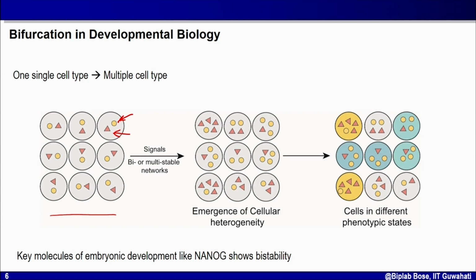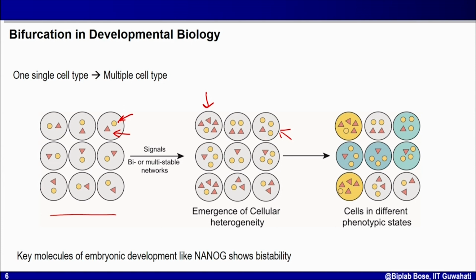So if it is showing bistability, then as we give signal, increase the signal, a situation will come where from a homogeneous population, two subpopulations will appear. One having higher expression of the protein, another having lower expression of the protein. So in this case you can see for this cell, for example, the red proteins are higher, whereas for this cell the yellow protein is higher but red protein is lower.